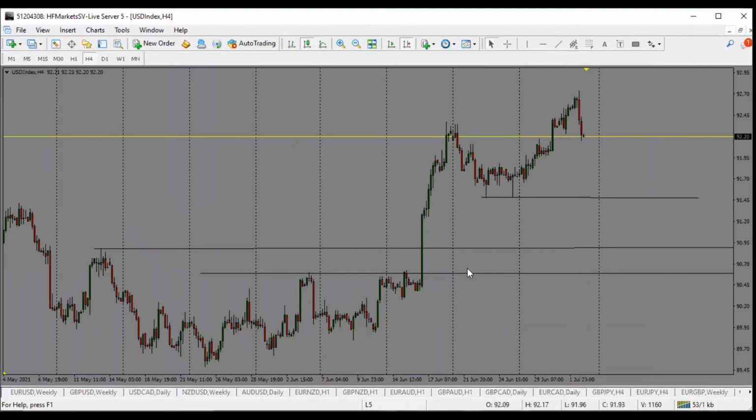Afterwards, we'll be looking to fill in this void up to this particular area. If we're able to close below this low, we might have a swing of lower lows and lower highs until we close all this gap up to this area. Then from here, we are going to be watching what happens next.